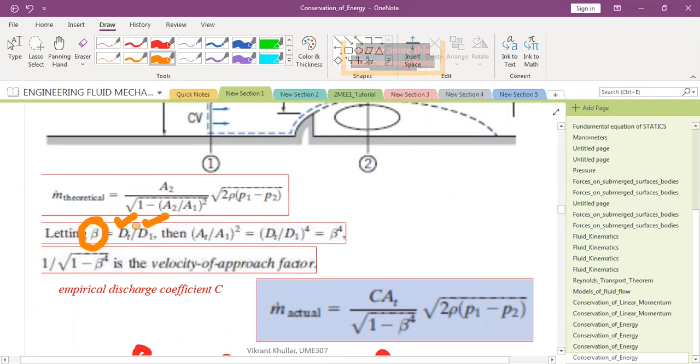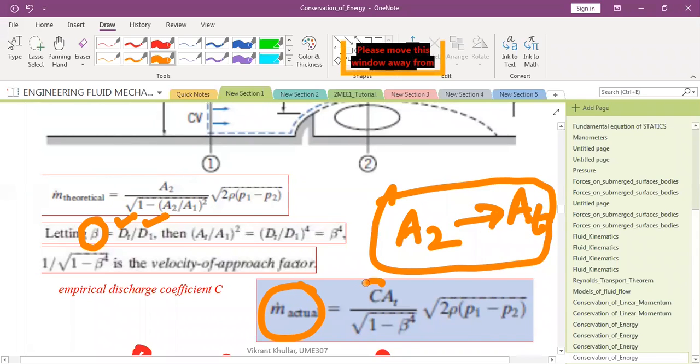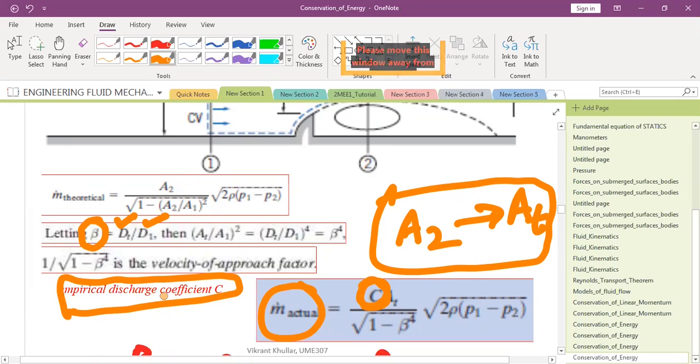Instead of A2, I am replacing A2 with AT, and with this kind of manipulation, I am adding another term called C, the empirical discharge coefficient, or C.